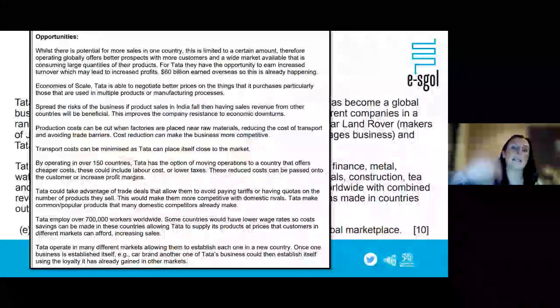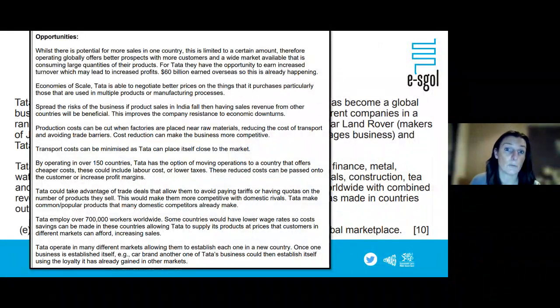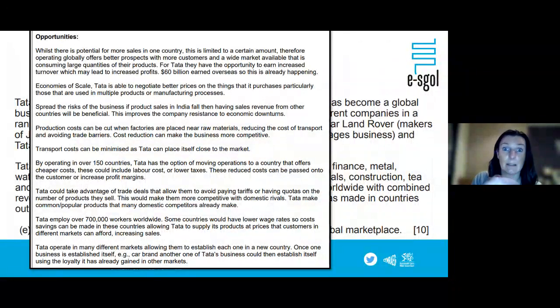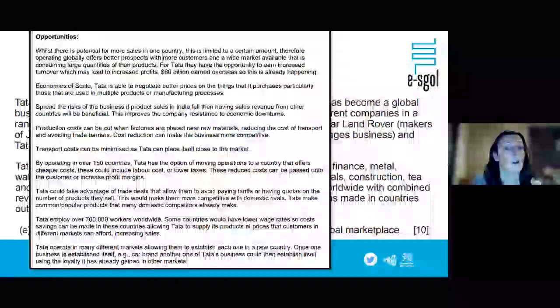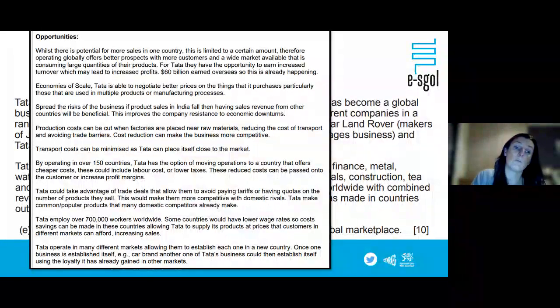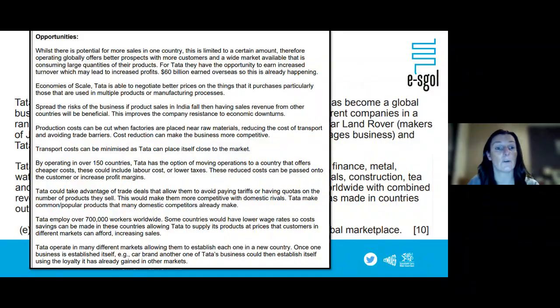Now, you could have said the fact that you've got potentially more sales, you've obviously taken 60 billion overseas, got economies of scale that you could have talked about, and the spread of risk of businesses over a number of different areas. So if one fails in one area or country, at least you've got the others.